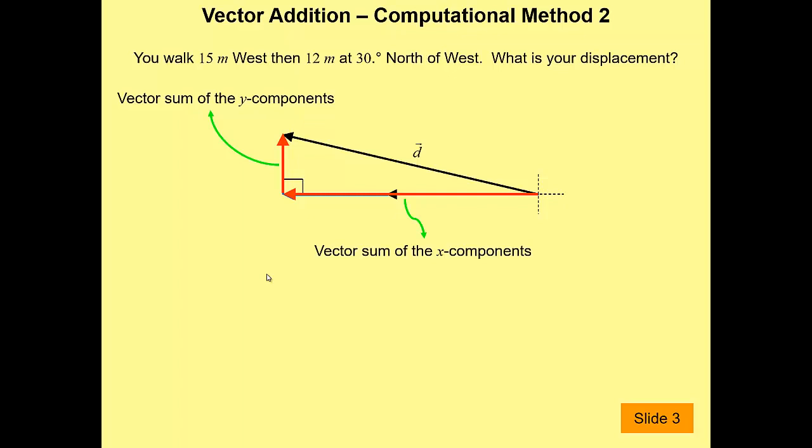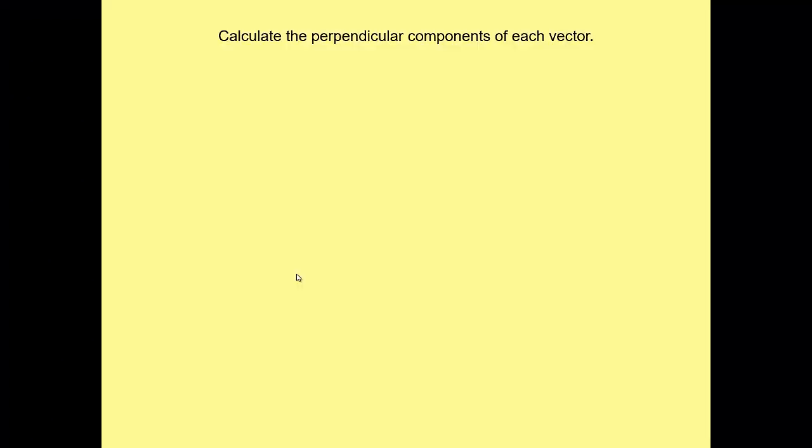So today I want to work that out kind of one at a time. What if we didn't have a nice grid to work on? What if we didn't have a table? Although you could feel free to draw out a table if you wanted to keep track of things that way. So first thing we have to do is to calculate the perpendicular components of each vector. Our first vector is pretty straightforward, right? It is all x, but be careful. These are vectors. This is to the left, which would make it negative.